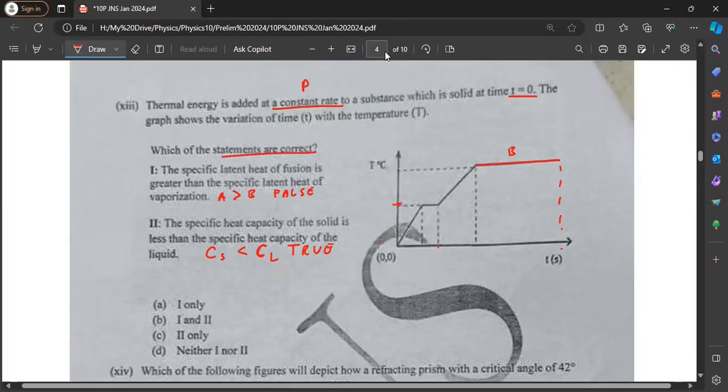So if you assume this temperature to be T by 2, because this temperature is T over here, and you take the time taken for this rise, this time 2 is greater than time 1. So if it is taking more time for liquid to rise to the same temperature compared to solid, liquid will have a higher specific heat capacity. So therefore, 2 is correct and 1 is false. Okay, any doubts, anyone?